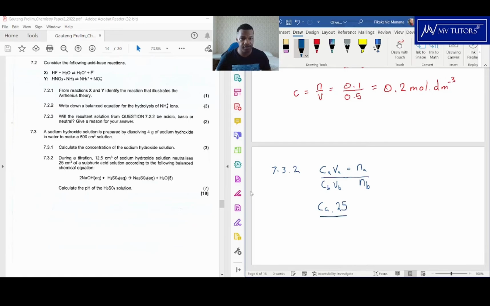25 divided by the concentration of the base. We calculated it there, on top, 0.2 times the volume, it's going to be 12.5. Number of moles, well, we can see that from the balanced equation, the acid is 1:2.